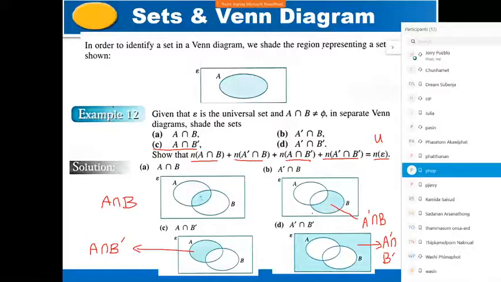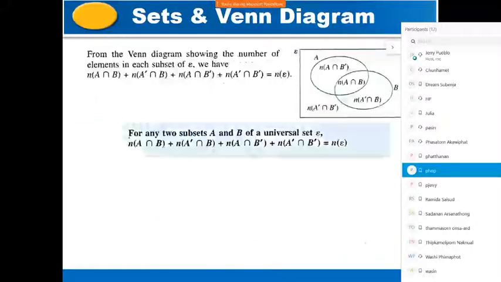This one plus this one plus this one plus outside. What do you think? All the rectangle, right? The whole part of the rectangle, which is n of the universal set, right? If you add this plus this plus this plus this, it is the whole part of the rectangle, right?